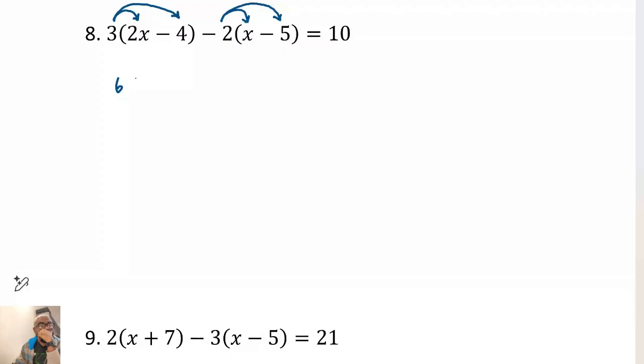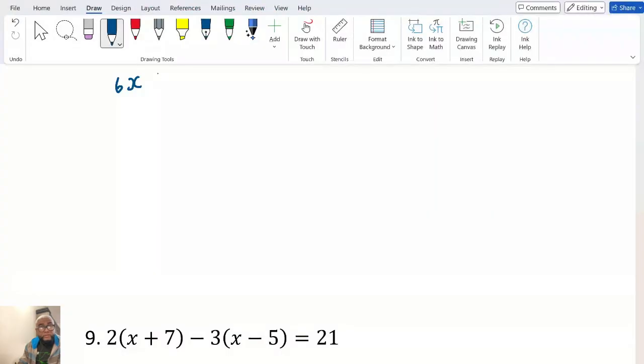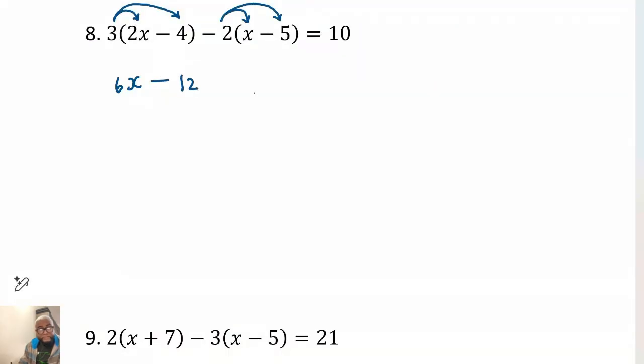I get 16. I get 5. 6x. 6x what? Plus 6x minus 12. Right. You had this in your book or you were trying to figure it out? Minus 12. What next?